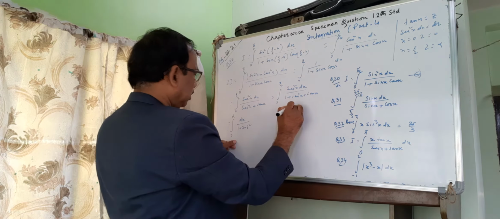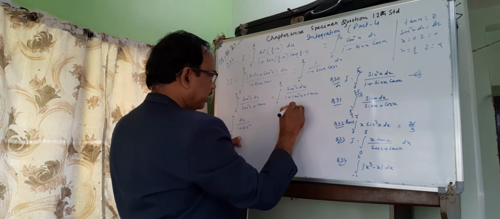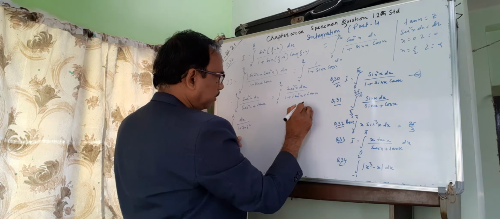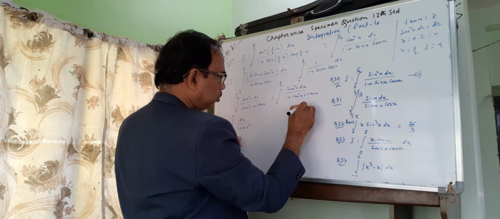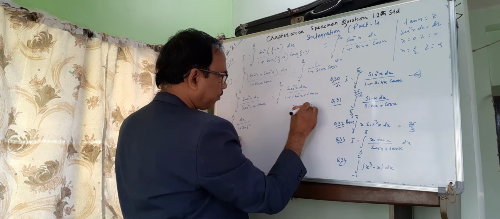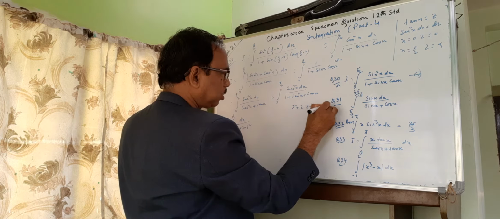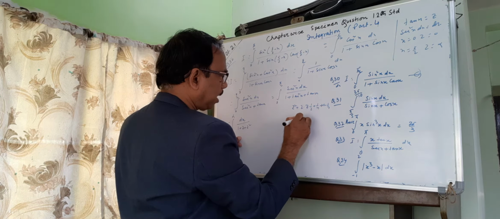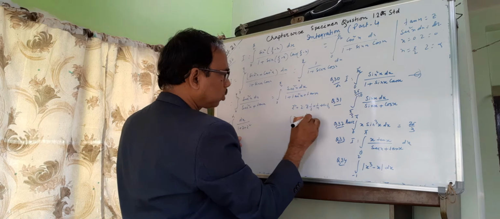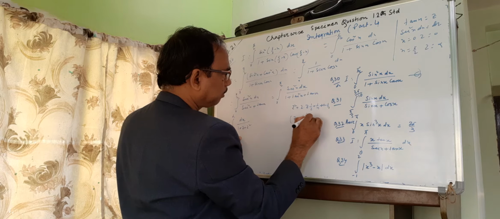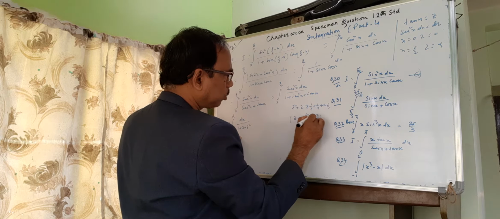Now change 1 plus z plus z square, that is z square plus 2 into z into half plus 1 by 4 plus 1 minus 1 by 4. That is z plus half a whole square plus root 3 by 2 a whole square.